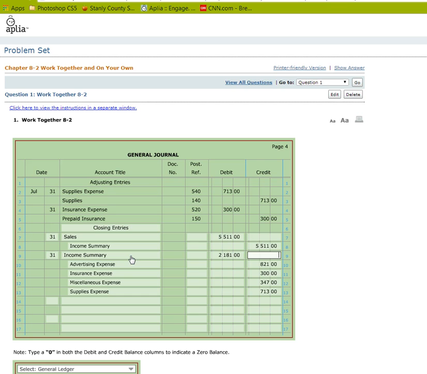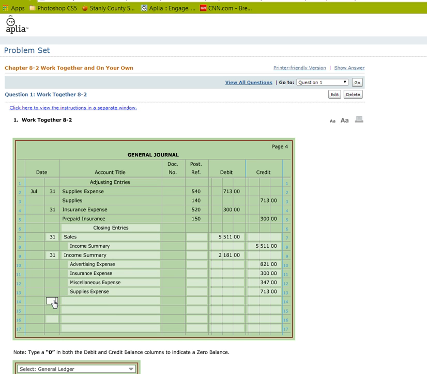That determines net income or net loss. Alright? Sales is greater than expenses, so you have net income. Therefore, you have a credit balance on the income summary. And you'll see that when we actually post these.